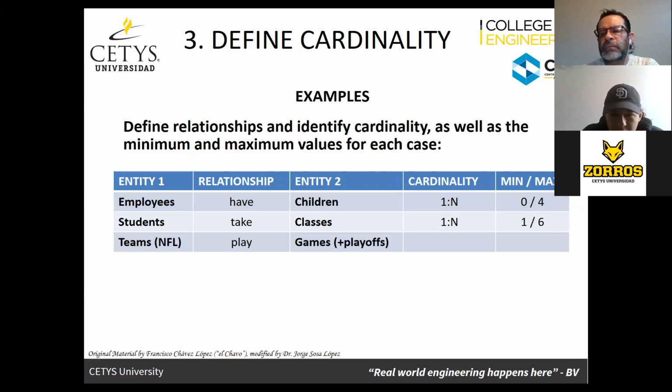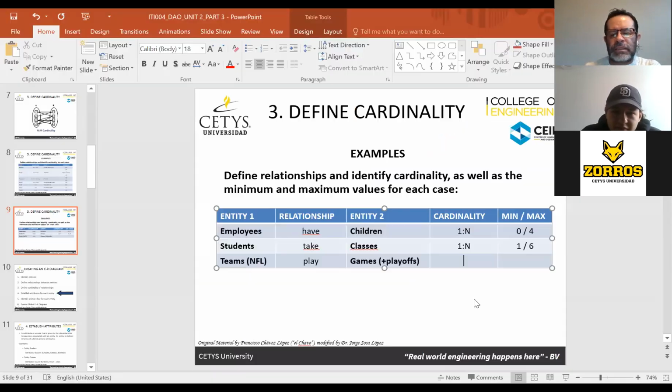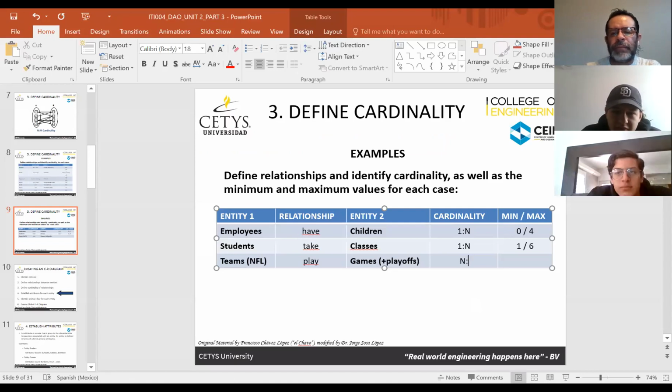I think many to many. It could be many to many in the sense that a game cannot be played by just one team, right? And teams play many games. Okay, so let's say that it's many to many.